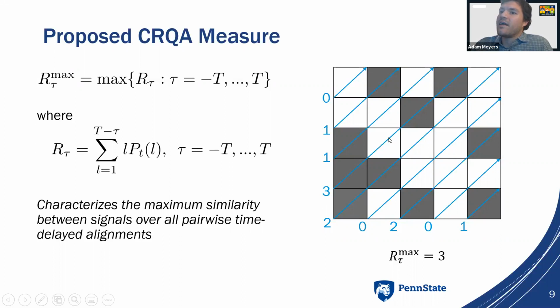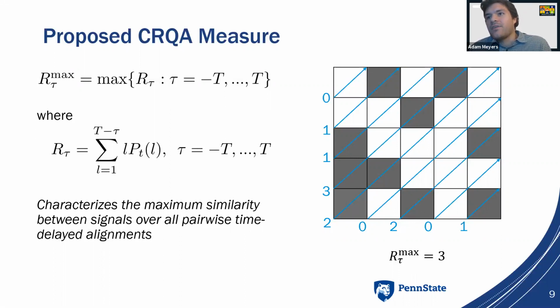So along this diagonal, 3 recurrence points occur, whereas in the other ones, the next closest is 2 recurrence points here and 2 recurrence points along this diagonal. So our tau max in this case would be 3.